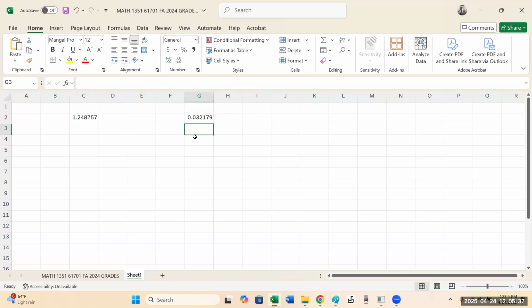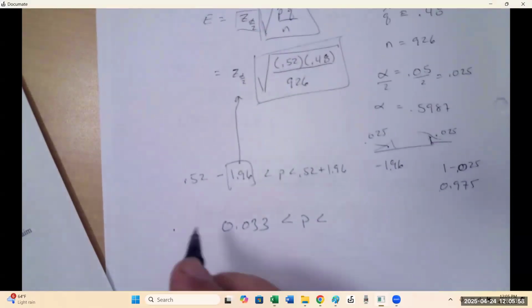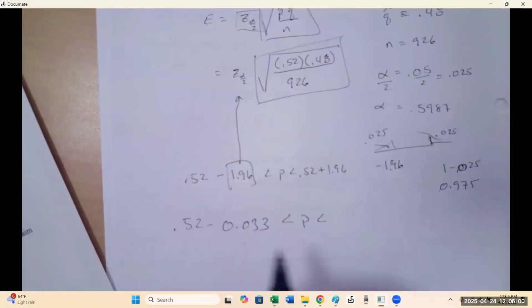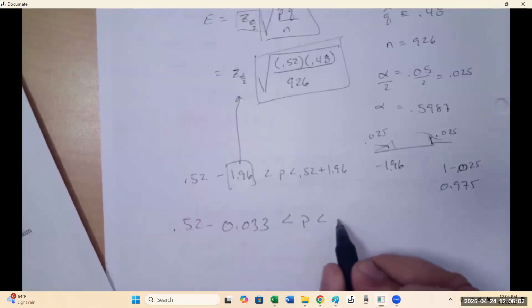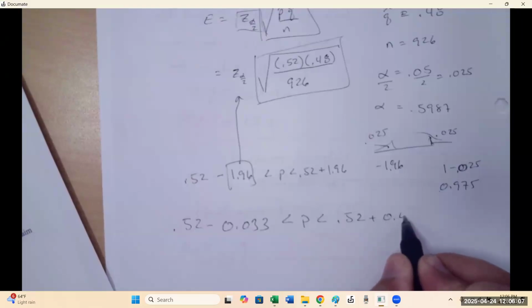So that is our margin of error, 0.033. So our answer is going to be 0.52 minus 0.033, and then 0.52 plus 0.033.